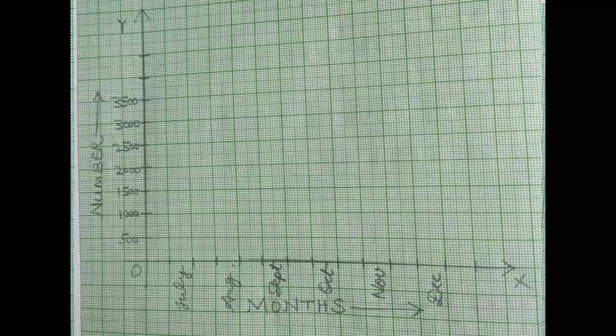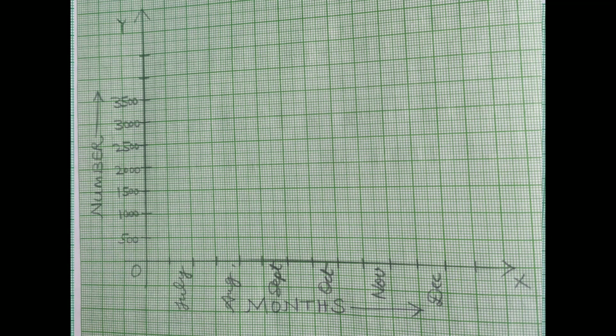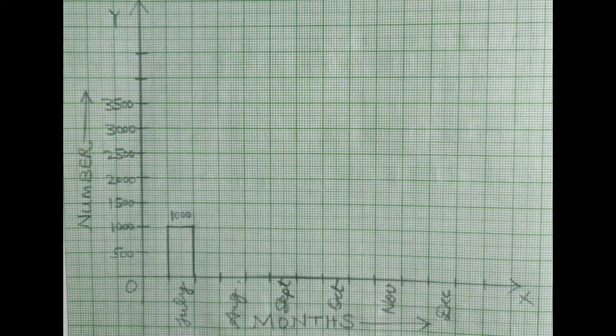On the y-axis we take the number of watches sold. The marking starts from 500 with a jump of 500 each, meaning 500, 1000, 1500, 2000, 2500, 3000, 3500 and so on. We mark these partitions by considering the given data.